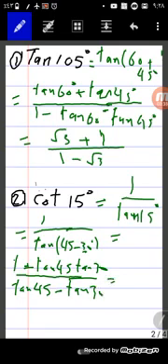The result equals 1 plus, we know that tan 45 equals 1 multiplied by tan 30 equals root 3 over 3, over tan 45 minus tan 30 equals root 3 over 3.